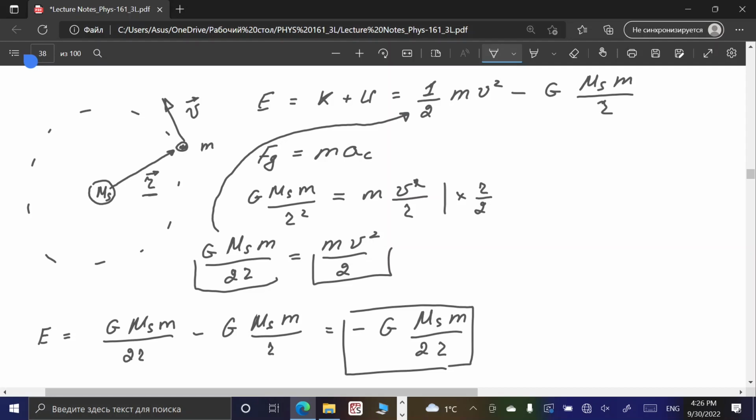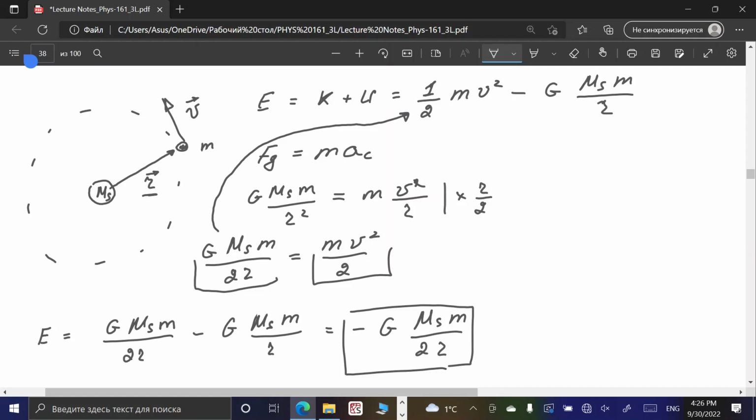So the mass of the sun and planet are constant and the distance between them is also constant. So in that case, the total mechanical energy is a constant parameter. It is defined by the constant components of this equation. So we can take this into account and get some benefit out of this.